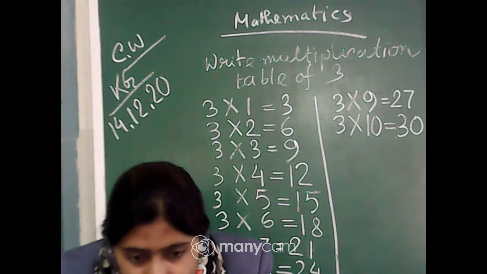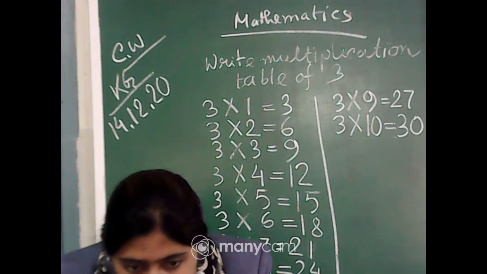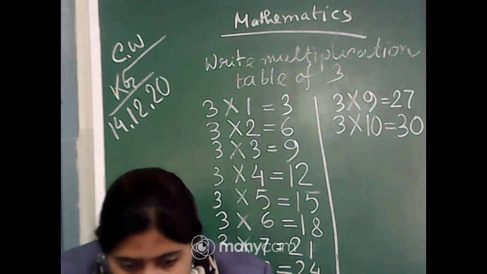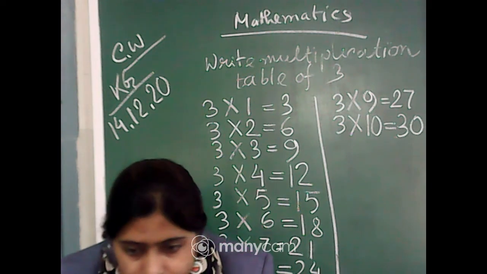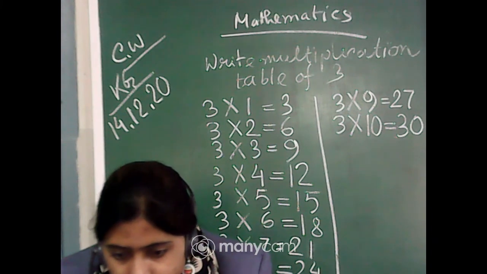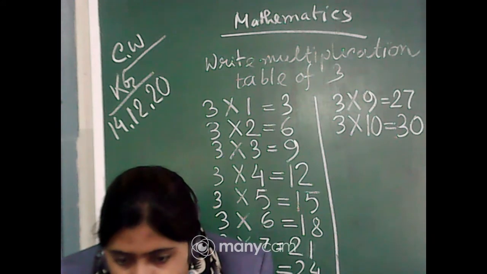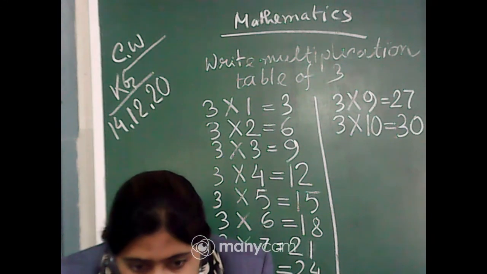Ashmita, I have checked your homework. Excellent. Very good, Ashmita Bhavak. Very good, Ashmita. Multiplication table of 3. Hanifa, excellent. Very good.